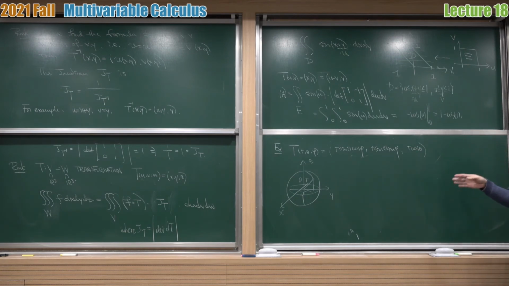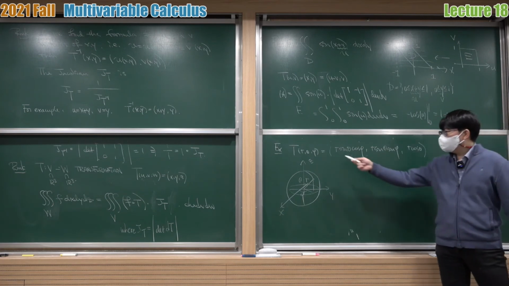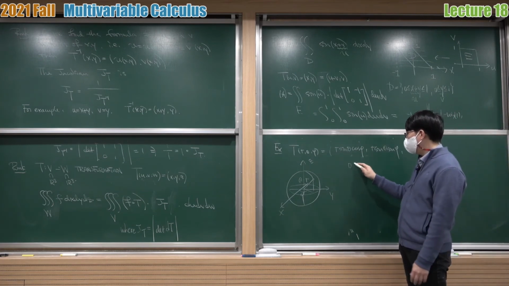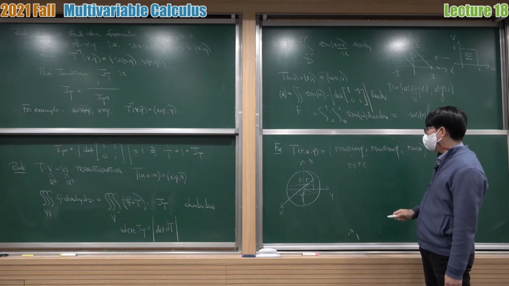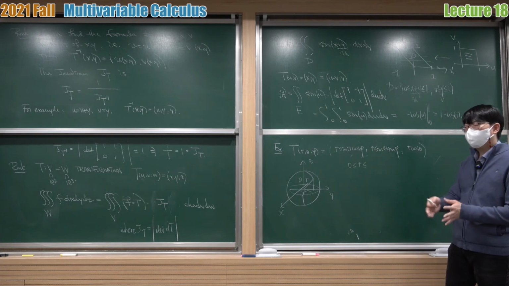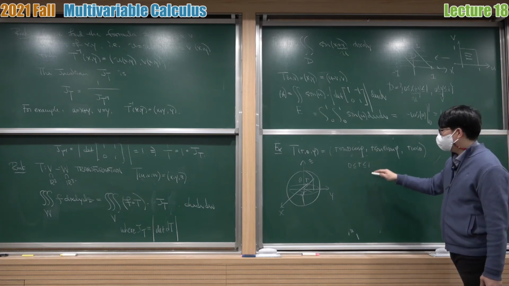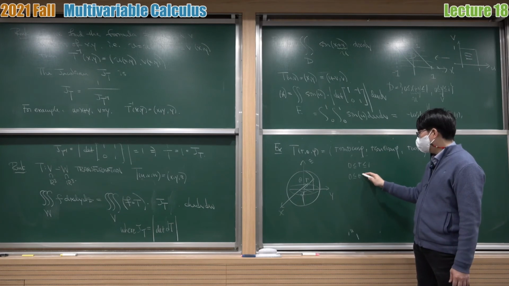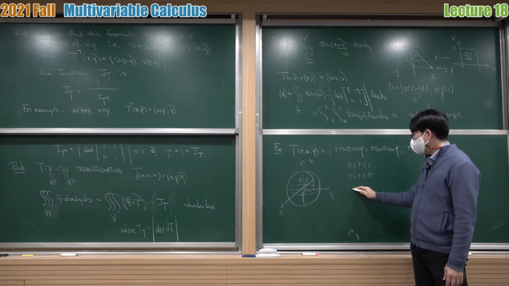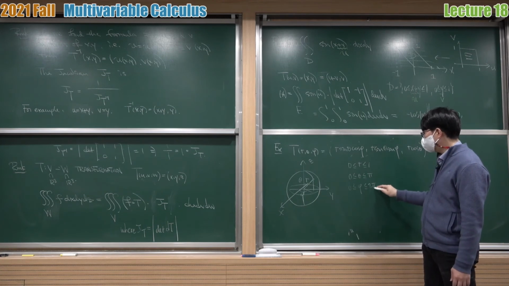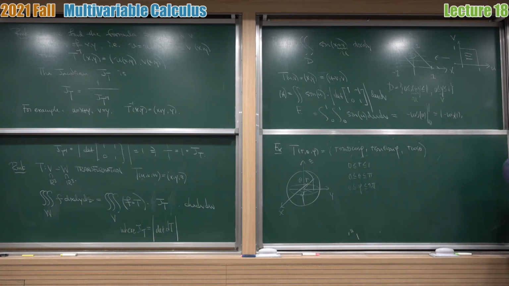We can take it as a transformation for a certain range of r, theta, and phi. If I want to compute the volume of a unit ball, r should be from 0 to 1, theta from 0 to pi, and phi from 0 to 2 pi. Now, there's a question you can ask at this moment, because just as in the case of polar coordinates, if I include all the boundary, this map is not one-to-one.